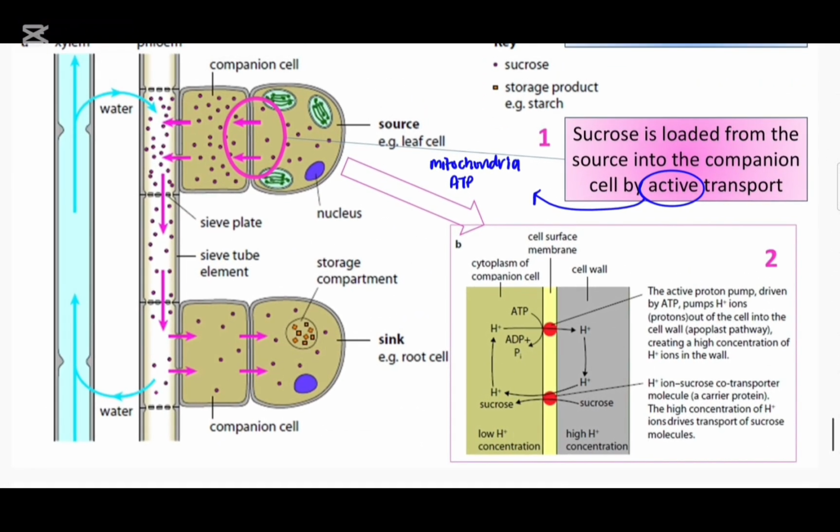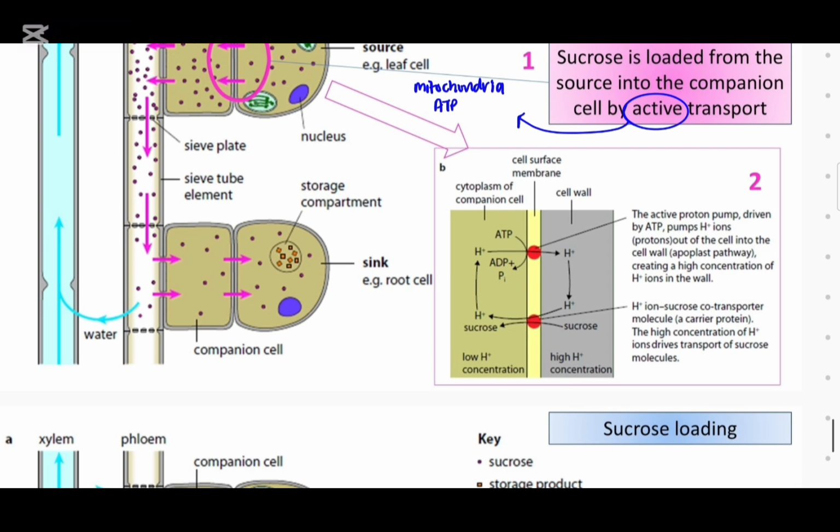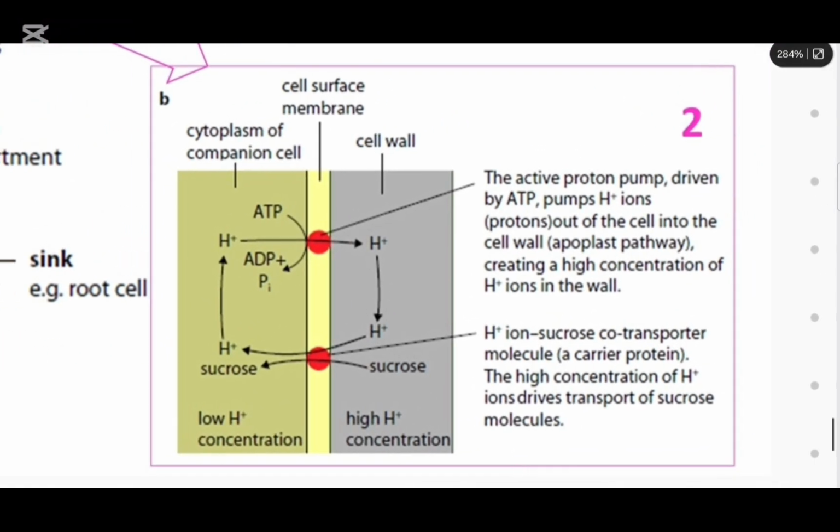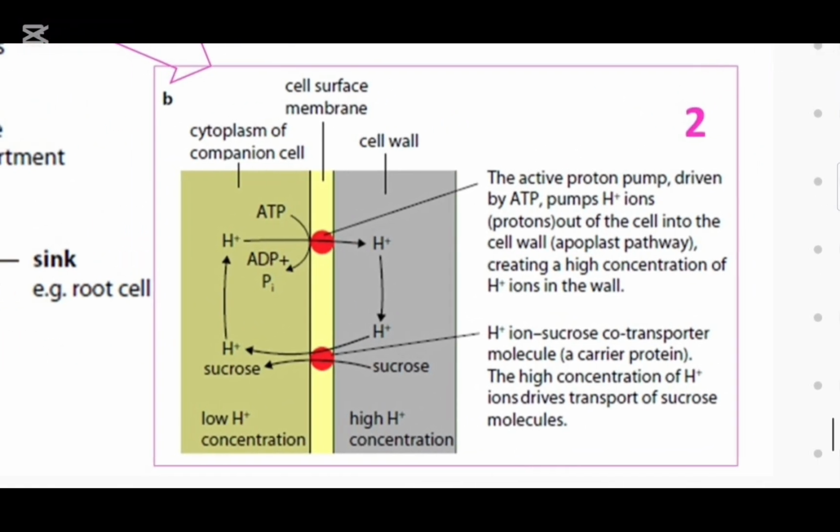So with active transport of sucrose, what happens between the structures? We can focus on this. Here we have the cell surface membrane of the companion cell, and this is the cell wall of the companion cell.